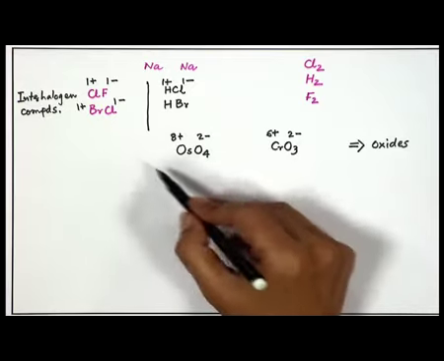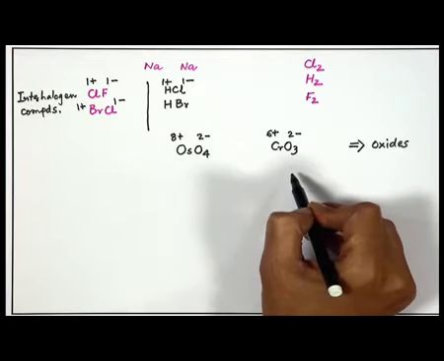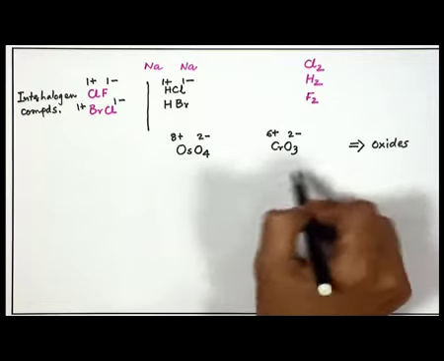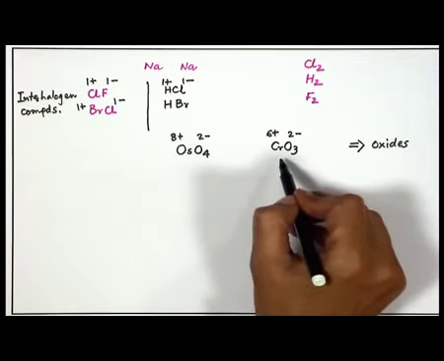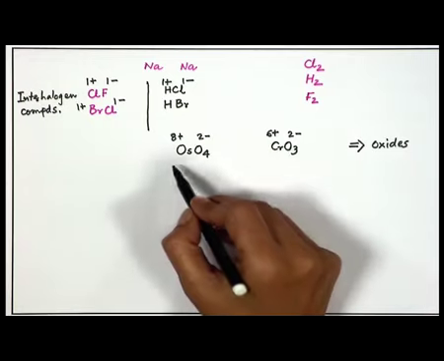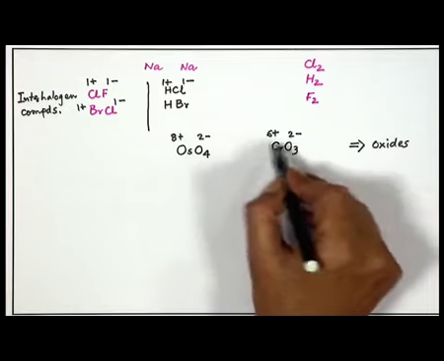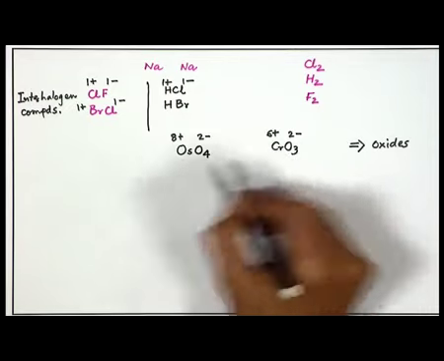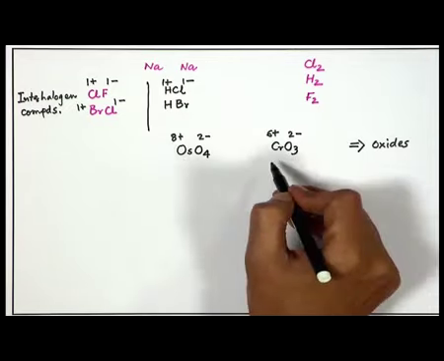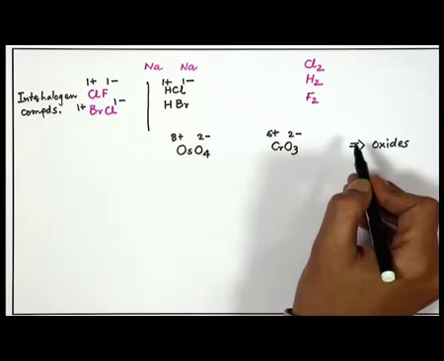These are species with high oxidation states. What does it mean basically? This is the highest possible oxidation state of chromium, and also the highest possible oxidation state of osmium, and we do not have any electron left on chromium or on osmium. So, we are not able to go beyond these oxidation states.